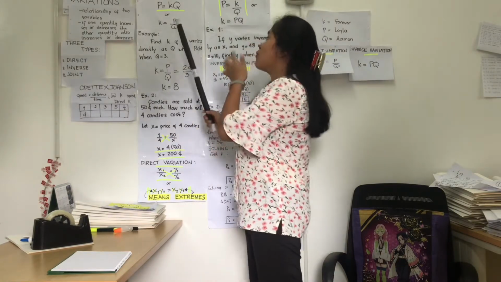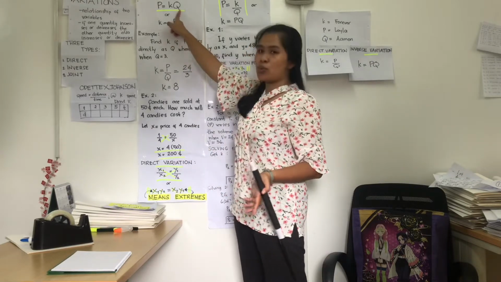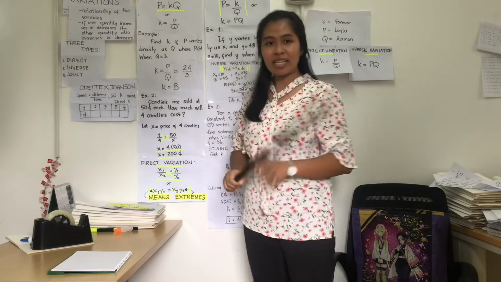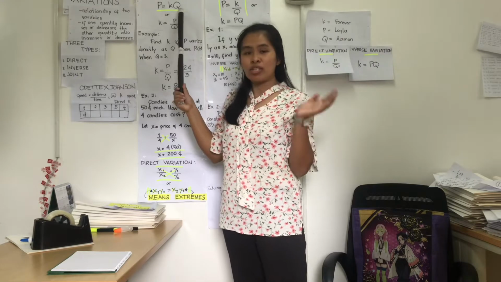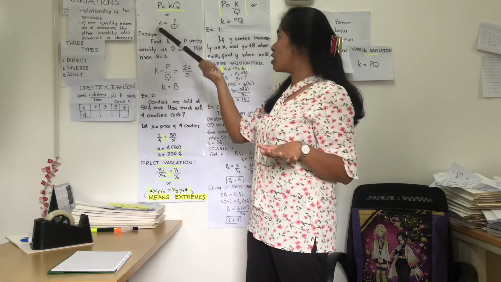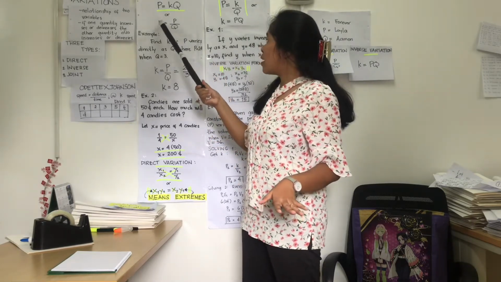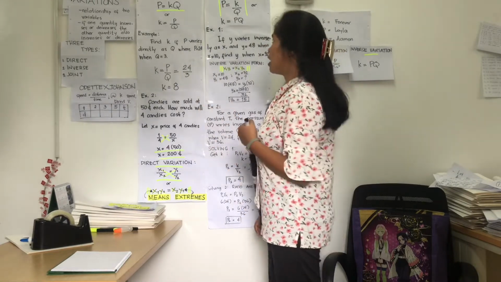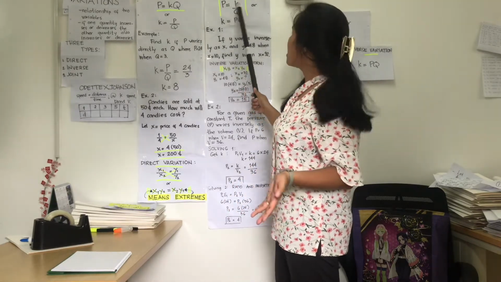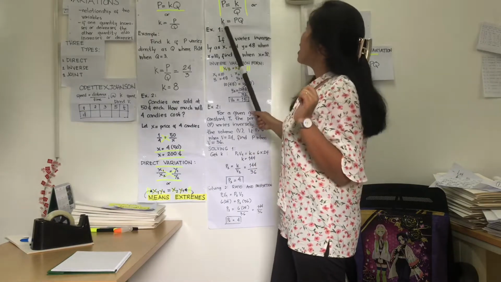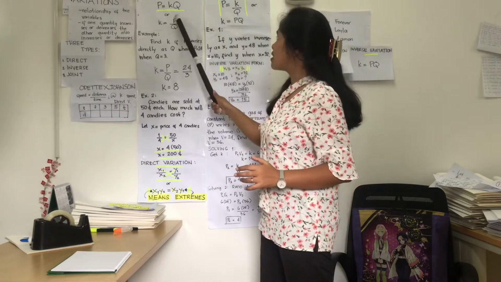For direct variation, we have the formula P is equal to K over Q, where P and Q are variables and K is our constant. From this equation, we can use cross multiplication to transfer the constant to the other side, wherein K is equal to P over Q. For inverse variation, this is our working formula: P is equal to K over Q, or K is equal to P multiplied by Q. So this is a product and this is a quotient.